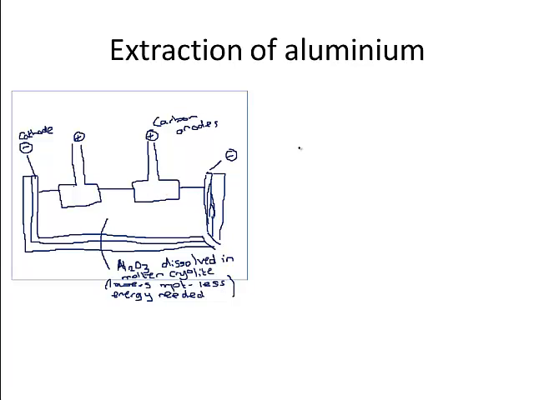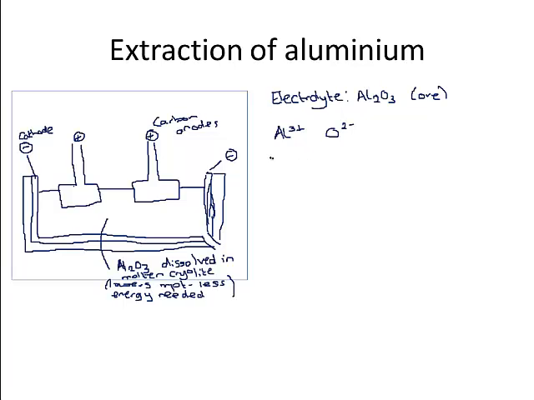Okay, so inside our cell we have aluminium oxide, which is the electrolyte. And this is an ore, an oxide ore, and that consists of 2 ions, the Al3+ ion and the oxide ion O2-.